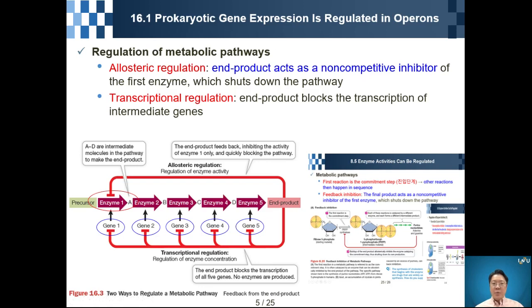There is a little bit of difference between allosteric regulation and transcriptional regulation. In allosteric regulation, the end product acts as a non-competitive inhibitor of only the first enzyme. However, transcriptional regulation blocks the transcription of the intermediate genes, like this. So this is transcriptional regulation.